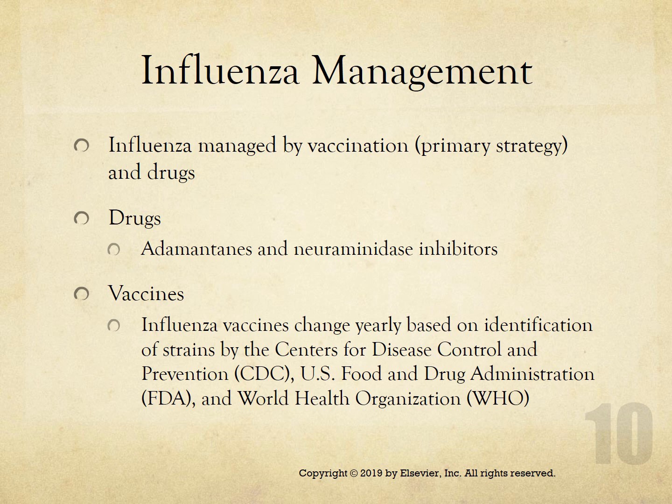So how do you manage the flu or influenza? Vaccine is the primary strategy, and then you have drugs to help if you've been exposed or to help lessen your symptoms. The vaccines are changed yearly based on the strains.